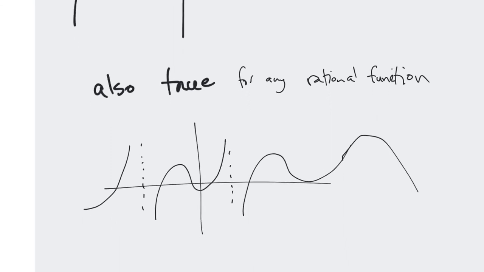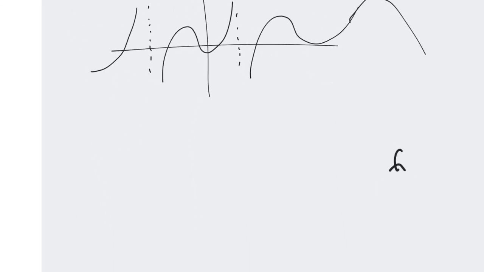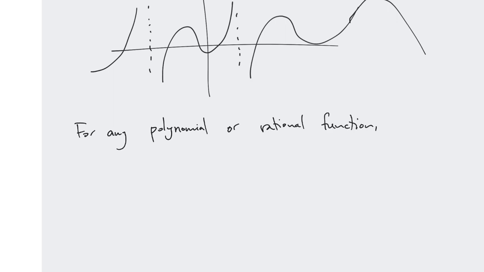Okay, so in all these cases, I'm just going to write one more thing. For any polynomial or rational function, we're going to have lim x goes to a of f of x is equal to f of a.